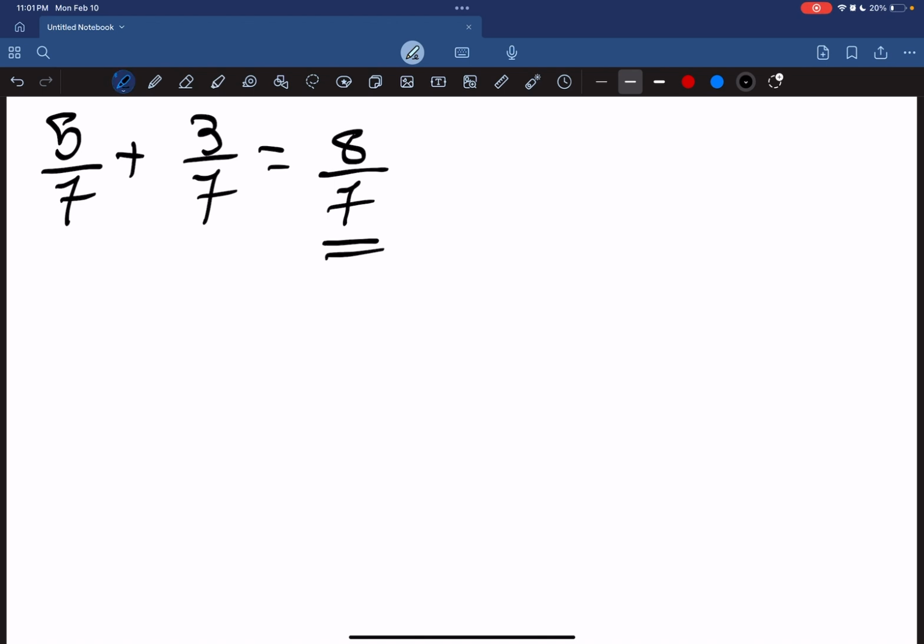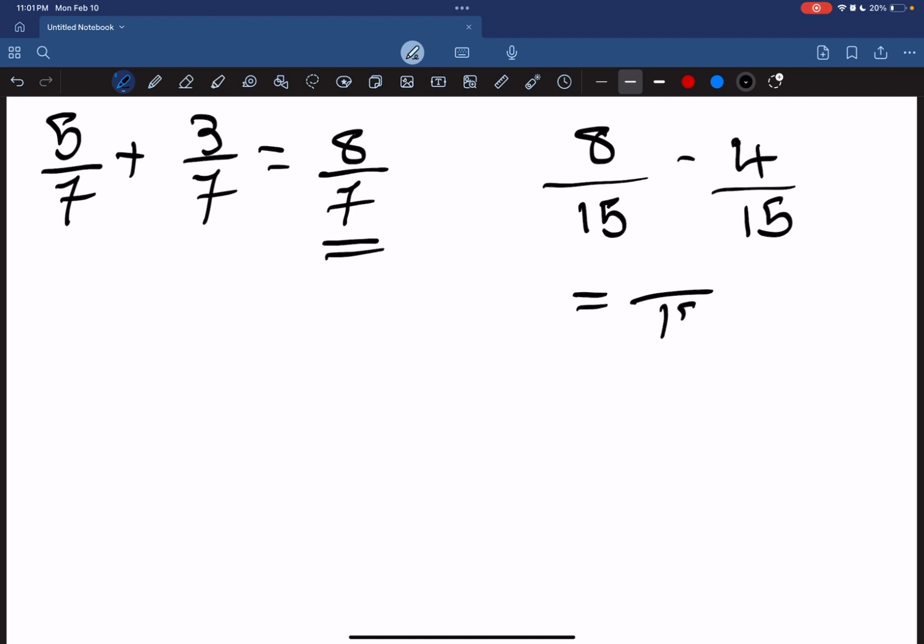If I'm supposed to do subtraction now, say 8 over 15 minus 4 over 15, the denominators again are the same, so I'll keep that.